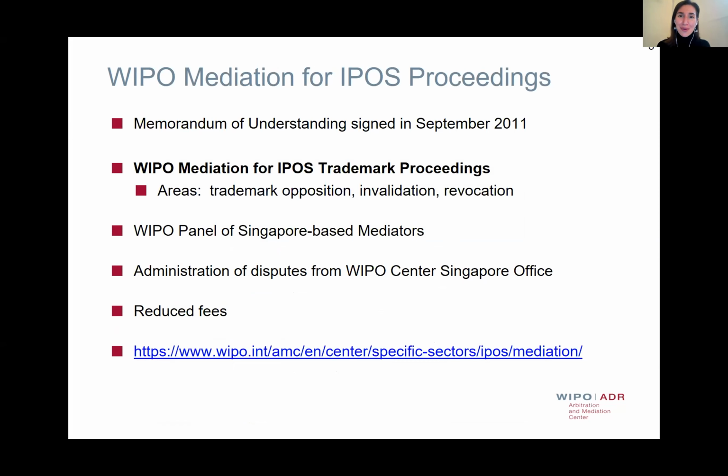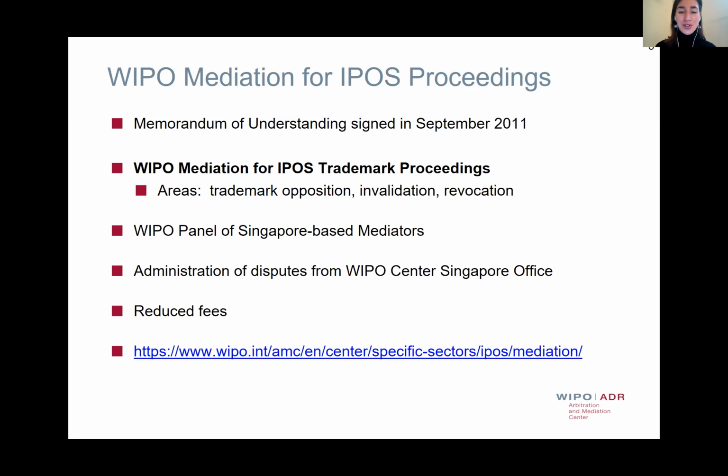And together with IPOS, we have developed a WIPO mediation option for proceedings before IPOS. So for example, if you are involved in a trademark proceedings before IPOS, you have the option to resolve the dispute through WIPO mediation. So then we have developed also some Singapore-based mediators.